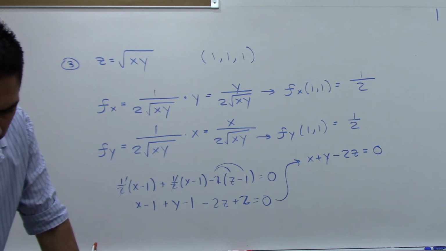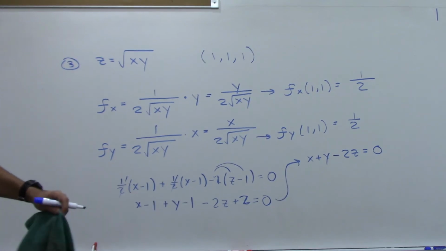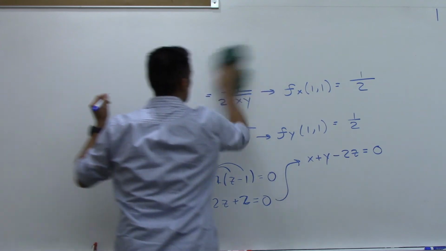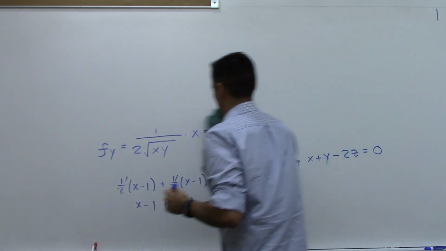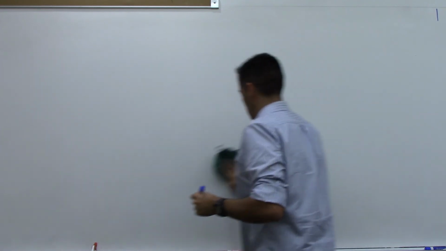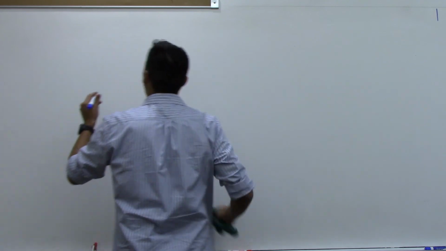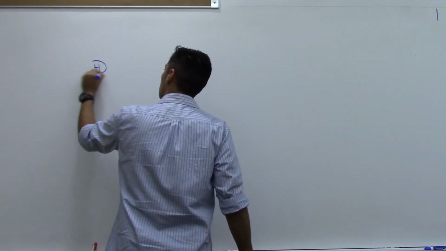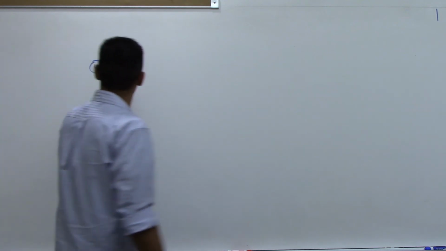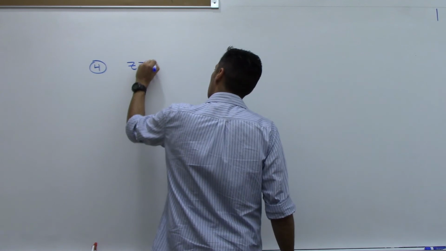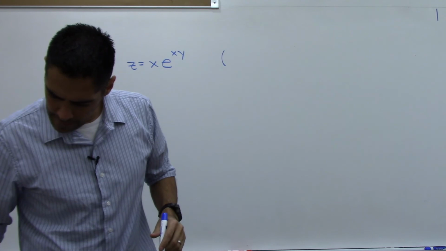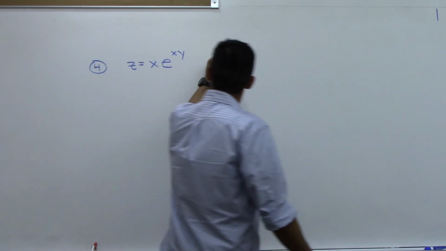All right, let's look at number 4. Okay, 4. z equals x e to the xy at the point 2, 0, 2.